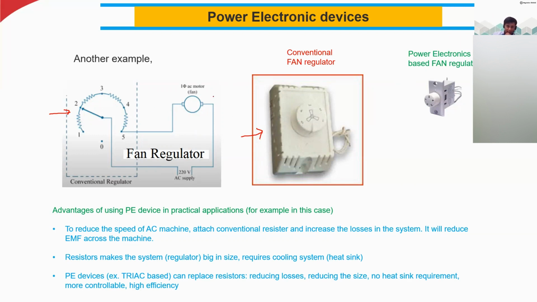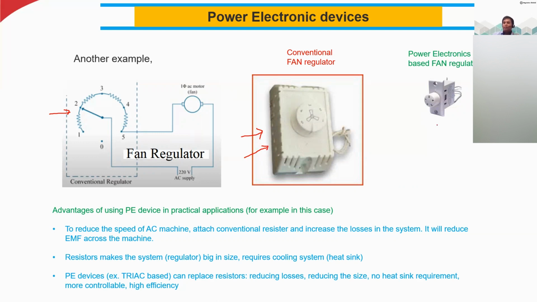So what is happening inside here? I'm just changing the variable resistor value, and I increase the loss or I reduce the energy loss. As I said, this is not really an efficient method of doing this. Even 20 years ago, even 10 years ago, I think people were using these traditional variable resistor based regulators.